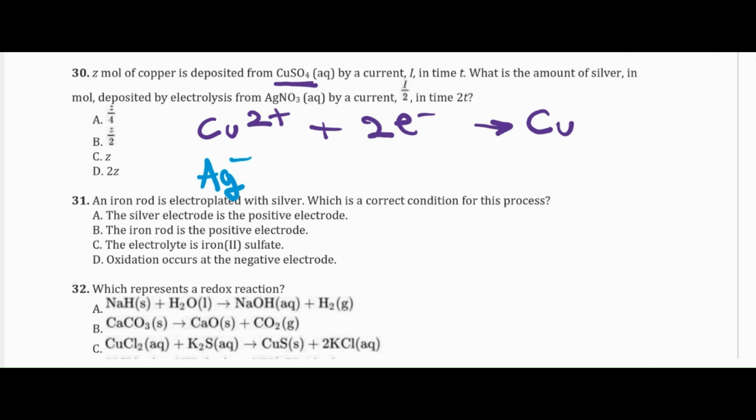That's silver plus, again, because the nitrate is minus 1, so the silver will be plus 1. Add 1 electron, giving us a silver atom. So then if we were to pass through this circuit 10 electrons, how many copper atoms would we get and how many silver atoms would we get? We'd get 5 copper atoms, 10 silver atoms.